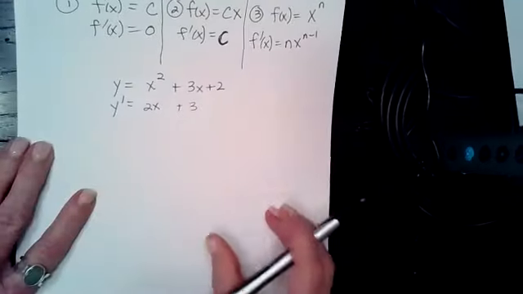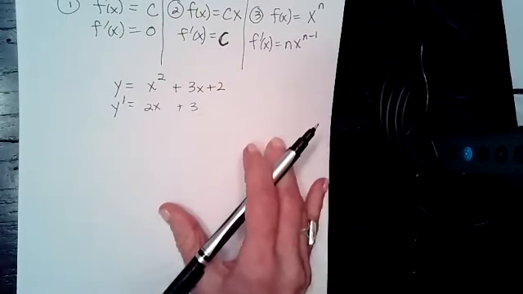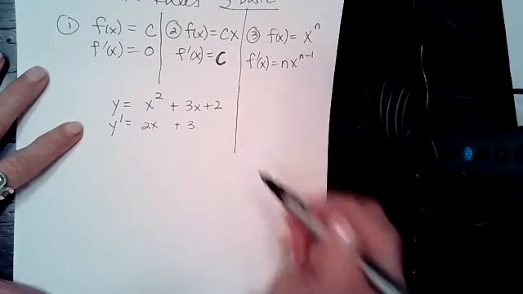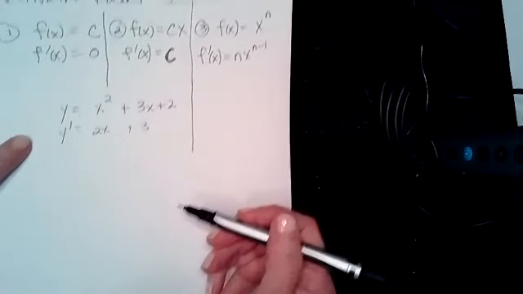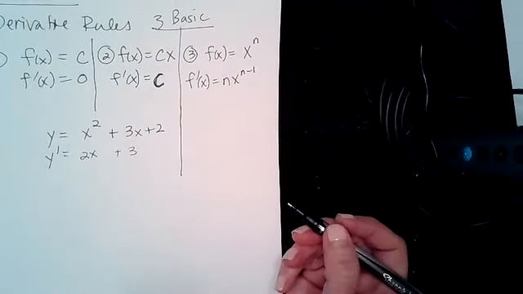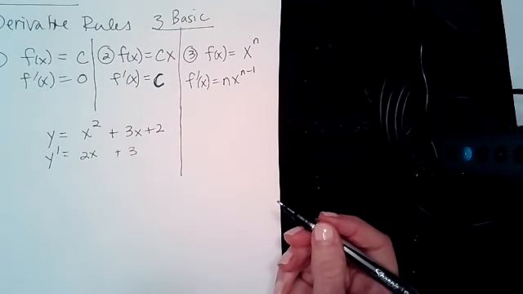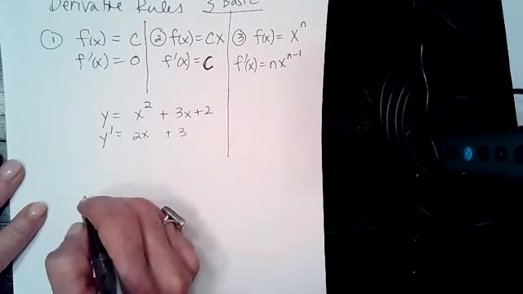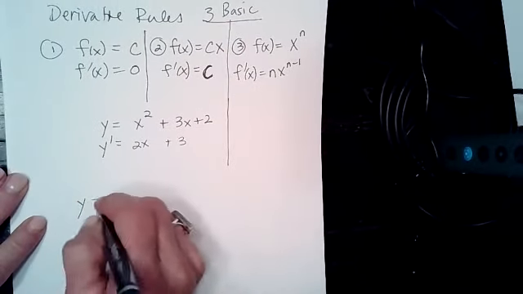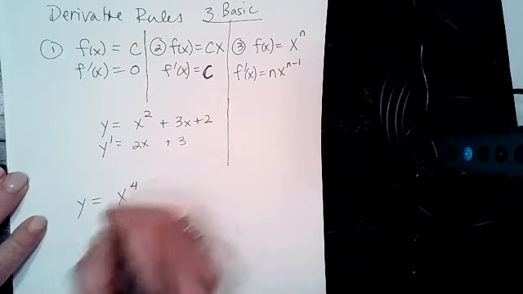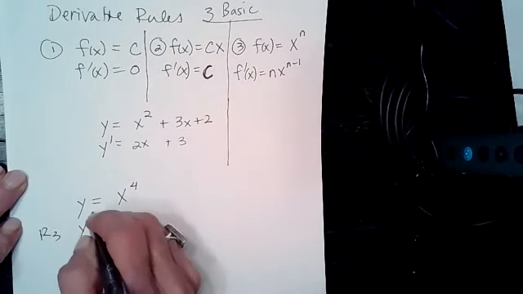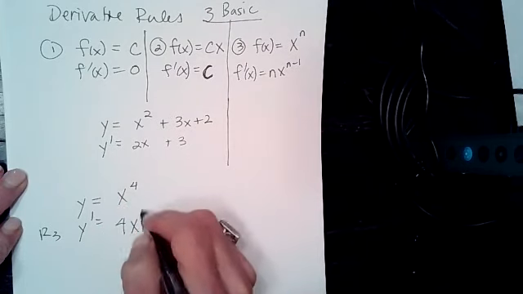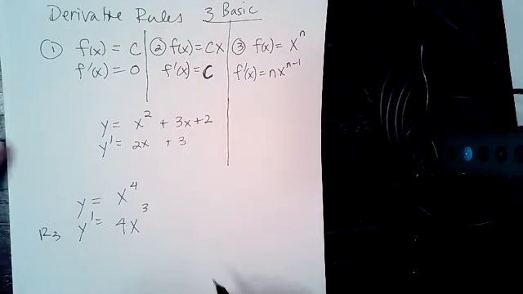Perfect. Okay. One thing that we learned in 267 that we didn't talk about a lot is the constant times a function rule. We talked about it, but then we didn't use it a lot. This is what I'm talking about. So look, if y is equal to x to the 4th, rule 3 tells us y prime is what? You multiply down and you subtract 1, right? That's not a problem.